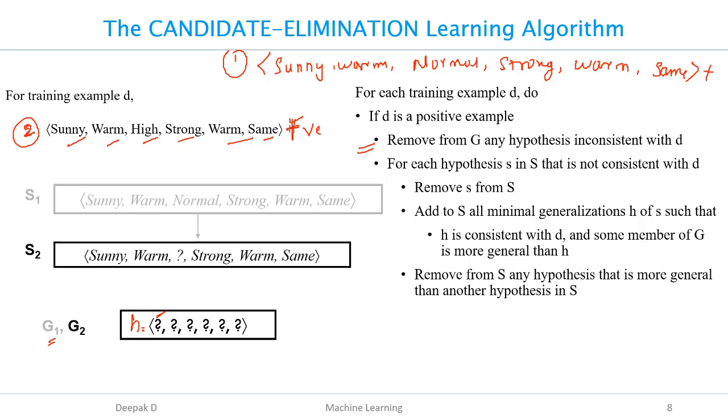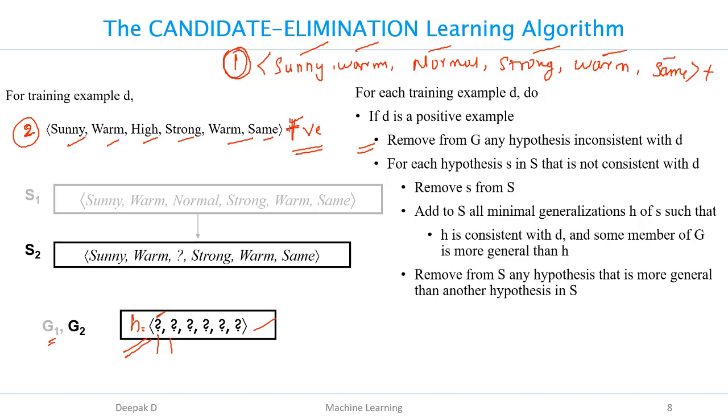Similarly, not only with the second instance, you have to check with the first instance whether this hypothesis will classify my previous instance as a positive. So let's see here. Here also you have any value is acceptable, sunny, any value is acceptable, warm, normal, strong, warm, same.